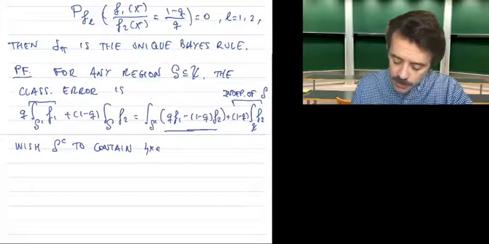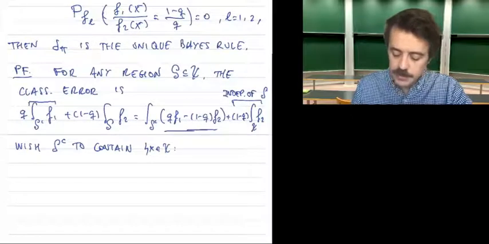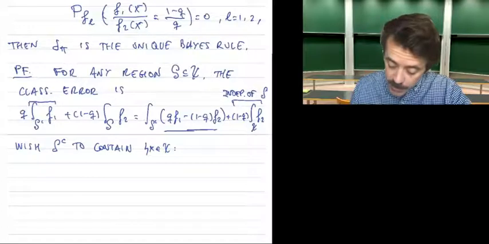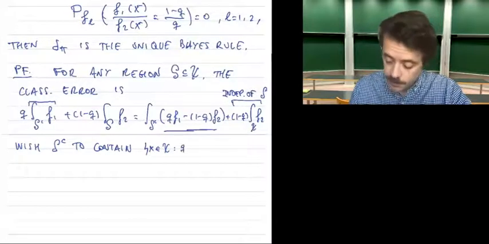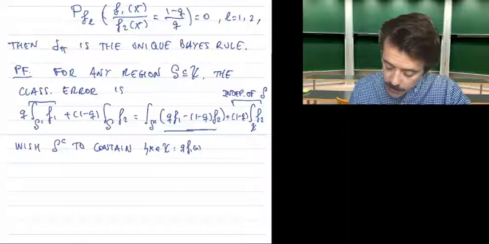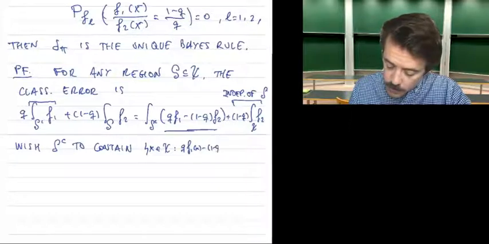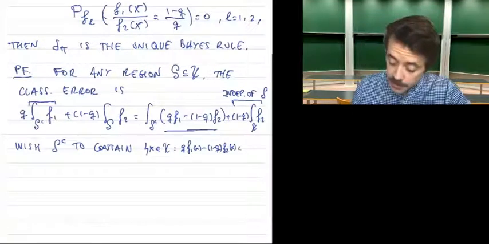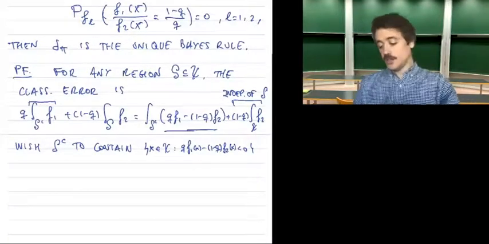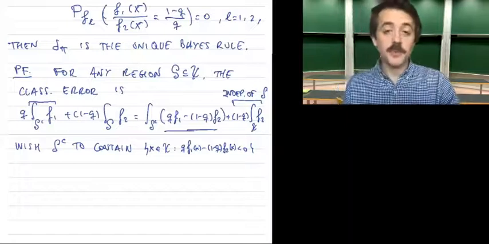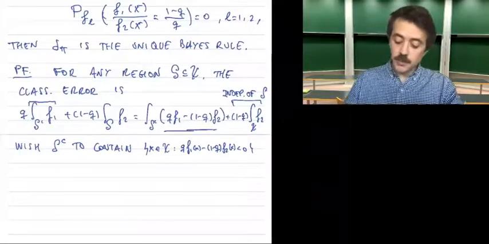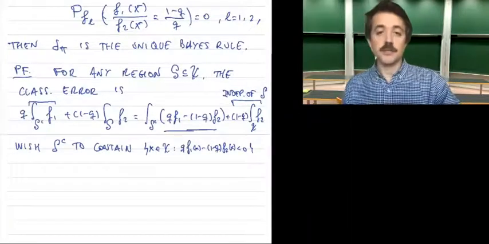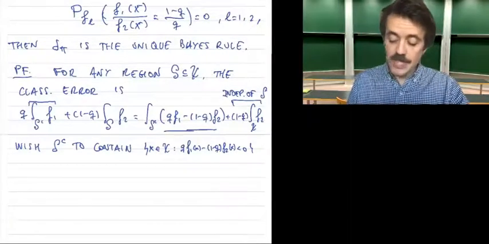So to contain the set of x's such that that quantity in there, so the q f1 at x minus 1 minus q f2 at x is negative, right? Because we want it to be as small as possible, right? So we want to take away as much from the second term that is independent of the calligraphic S. Yeah.